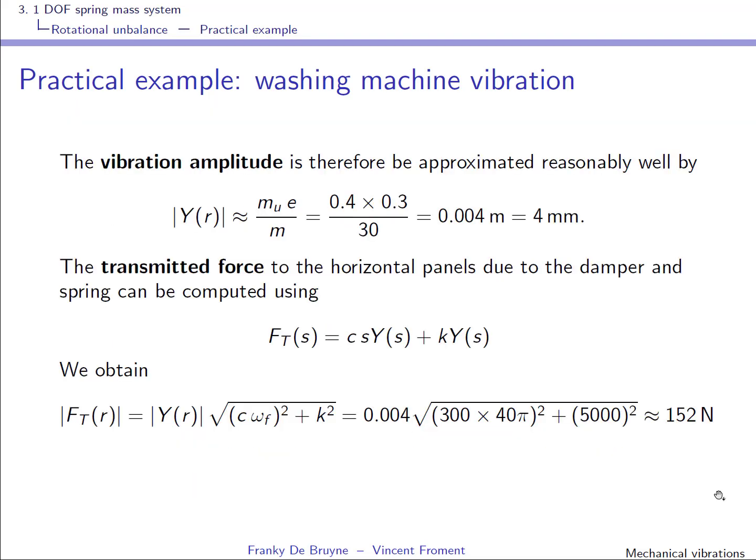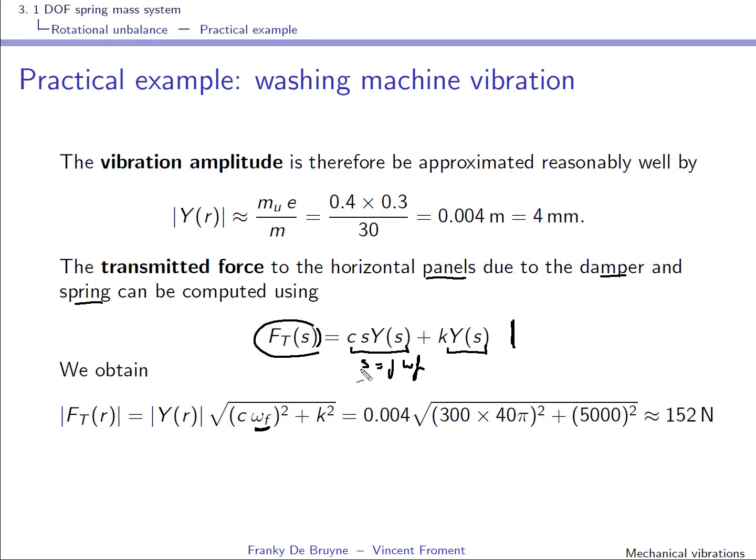Well, we know that the transmitted force to the horizontal panels is due to the damper and to the spring, so it's the sum of the damping force here and the spring restoring force, right? And here this is done in the general case, but we need the force at the forcing frequency. We are going to replace s by j omega F, okay, and compute the magnitude.